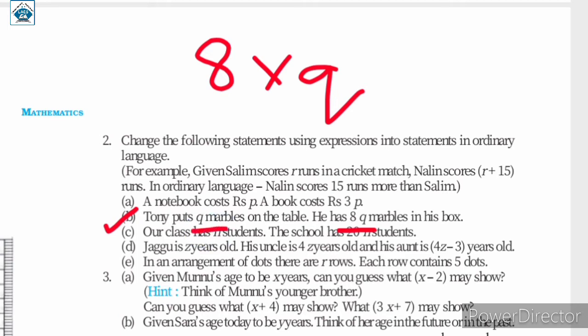Q marbles. बॉक्स में कितने हैं? 8Q. That is 8 multiplied by Q, which is 8 times Q. So बॉक्स में ज़्यादा marbles हैं. कितने ज़्यादा हैं? 8 times. So in ordinary language we will say Tony's box contains 8 times the marbles that he puts on the table.